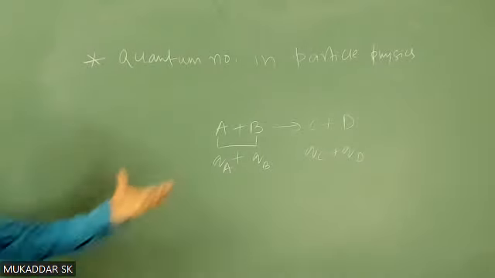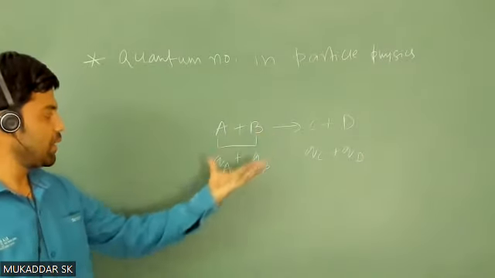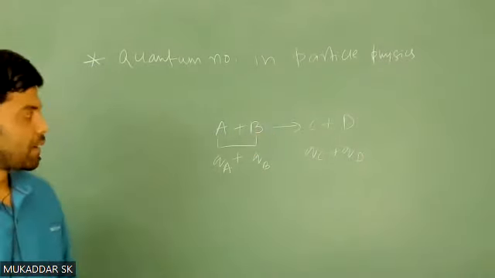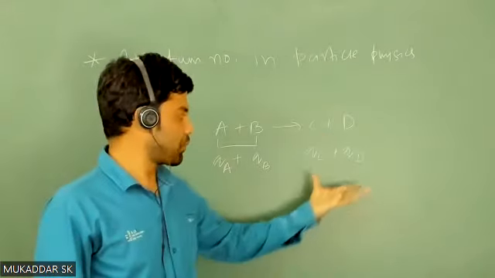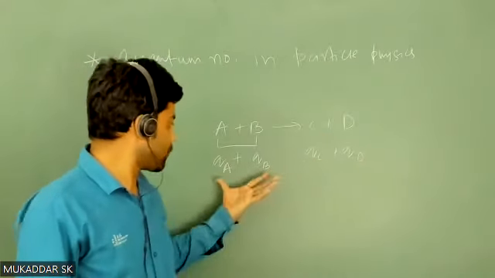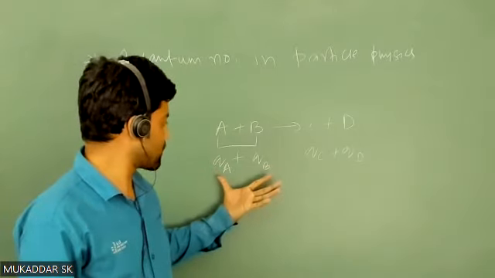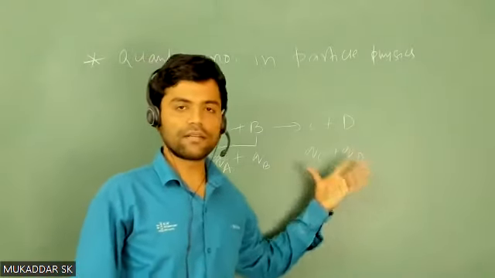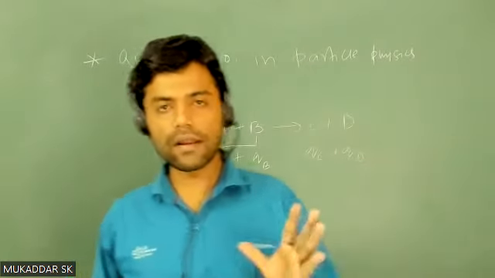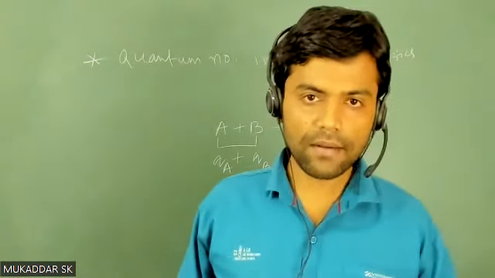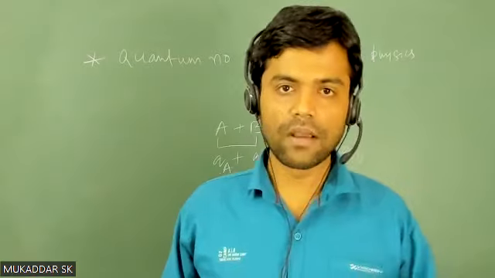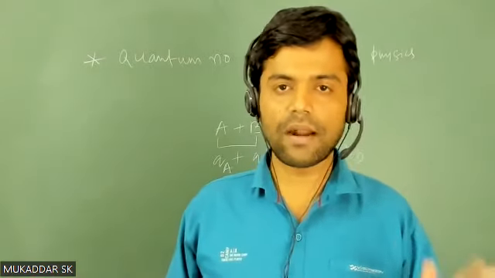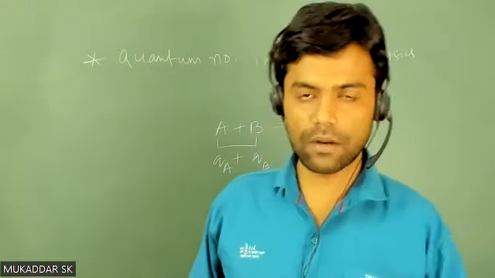What does additive mean? Whatever particles are in the reactant, you have to add their charges. For whatever particles are in the product, you have to add their charges. And that should be balanced. On the left hand side, whatever total charge you get should be balanced with the product. It is a necessary condition for any allowed decay. Whatever the decay is, charge should be conserved. If charge is not conserved, that decay or interaction will never be allowed.